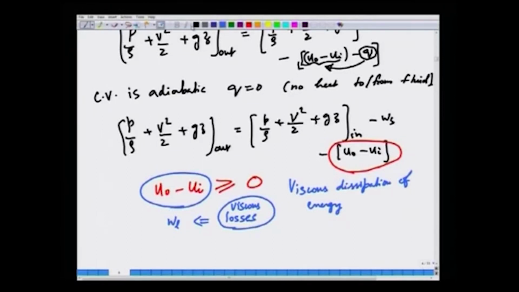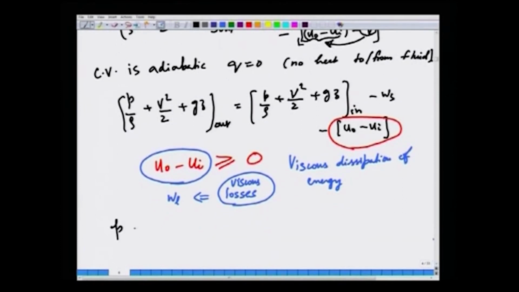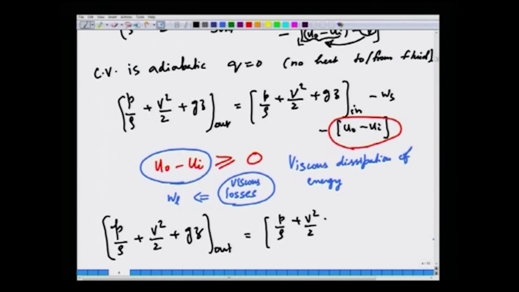So, in engineering fluid mechanics, for incompressible flows, with all the assumptions of steady uniform flow, one inlet, one outlet and incompressible fluids, the energy equation is normally written as P by rho plus V squared by 2 plus G Z at outlet equals P by rho plus V squared by 2 plus G Z at inlet minus W S. This is the shaft work done per unit mass of the fluid by the CV on the surroundings, minus W loss.